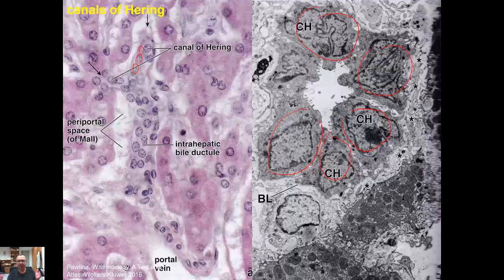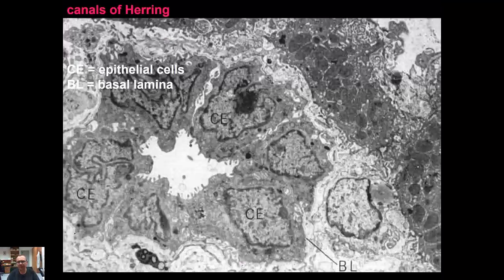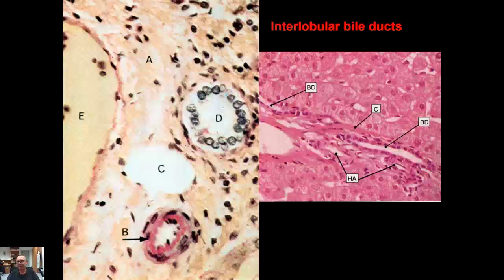These canals of Hering join together, they go to the portal space, and this is the same picture. They go to the portal space and their lining, their cholangiocytes, become really cuboidal. Interlobular bile ducts found in the portal space can be recognized according to the perfectly cuboidal, simple cuboidal epithelium.